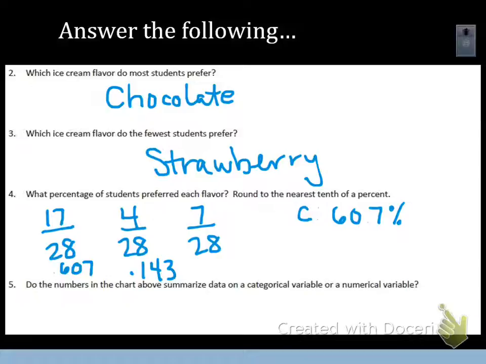So for strawberry, that would be about 14.3% of students that preferred strawberry. And the last one, vanilla, if I take 7 divided by 28, I get 0.25. So for vanilla, that would be 25% of students preferred vanilla.